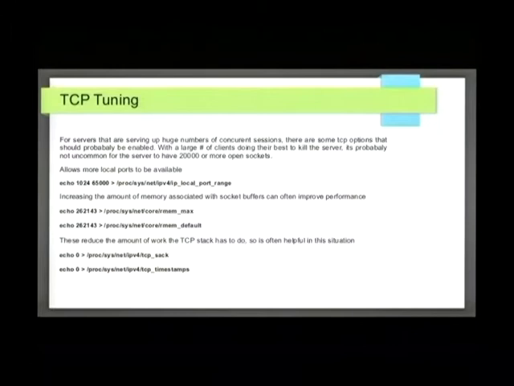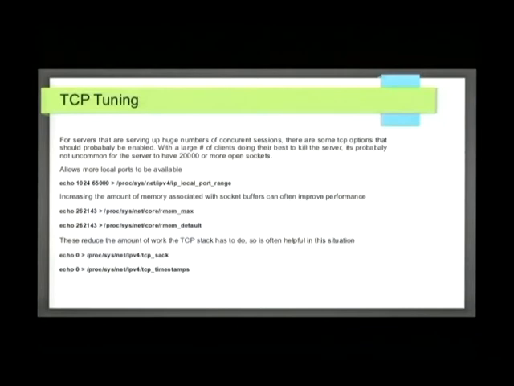But if you change these variables in the proc file system, you can expect bandwidth to increase from 3 gigs to 6 or 7 gigs. And these variables are ideal for servers that are serving up huge numbers of concurrent sessions.